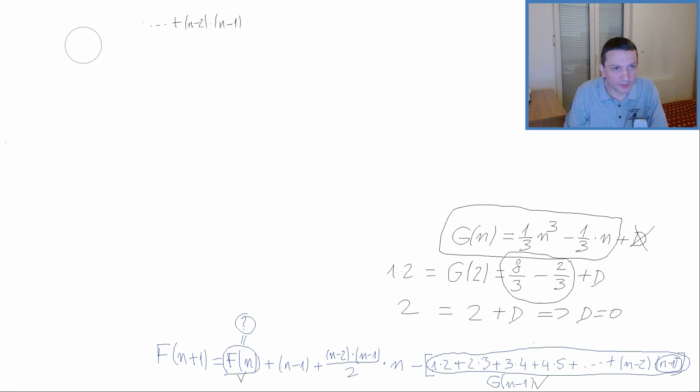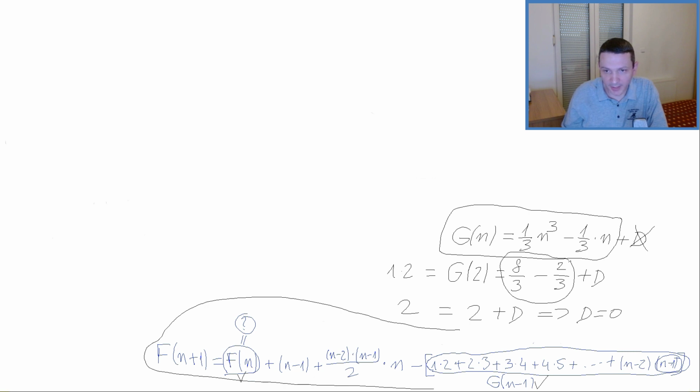I'm going to erase also this, and what I'm going to do now, I'm going to repeat this formula at the end, but using this formula here.